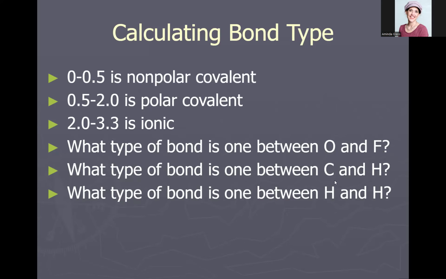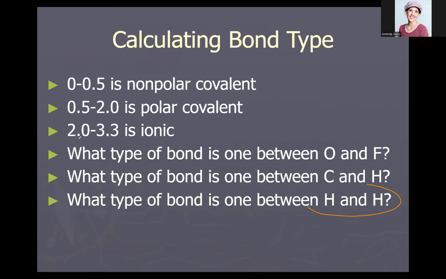But I can tell you right now that anytime you have an element bonded to itself, it's always going to be nonpolar covalent because they're going to have the exact same value, and anything subtracted by itself is 0.